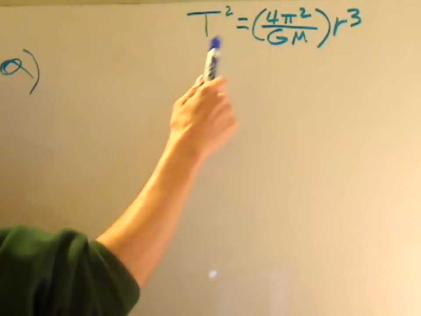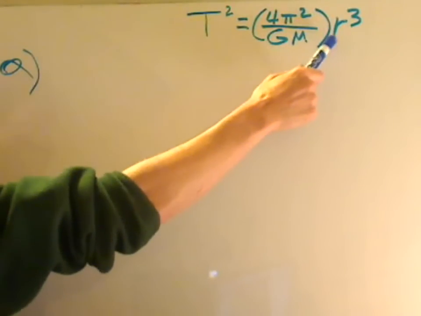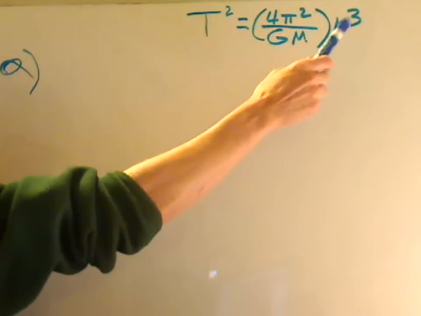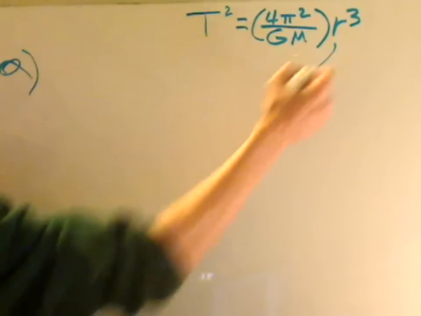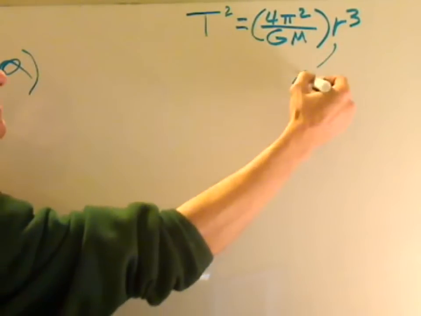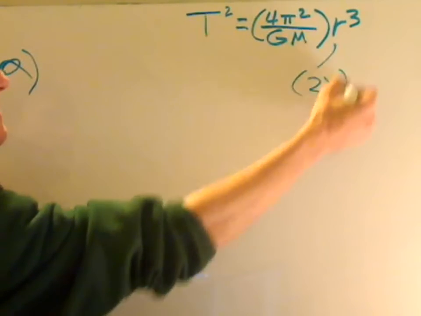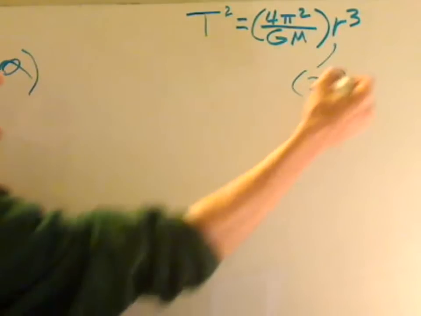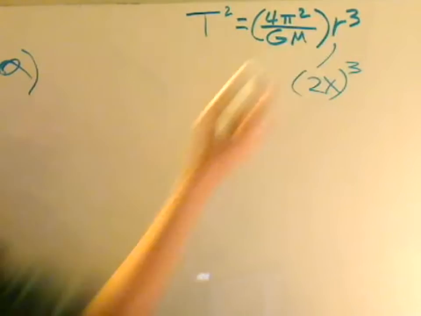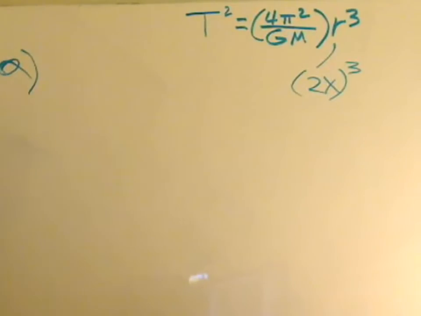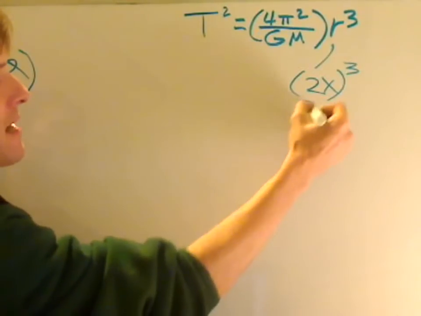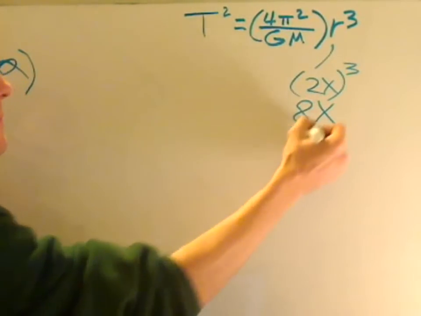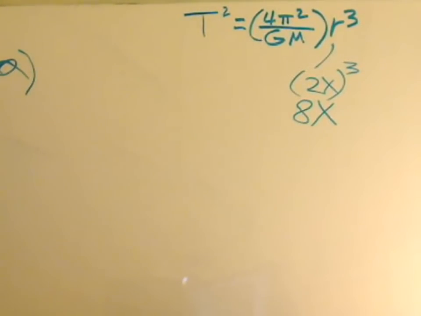We know what the period is for Earth's current distance, so we can just see what happens when we double r. If we double the radius, we're doubling that guy, and you have to cube it. So the right side of this equation is now going to be 8 times larger, since 2 cubed is 8.